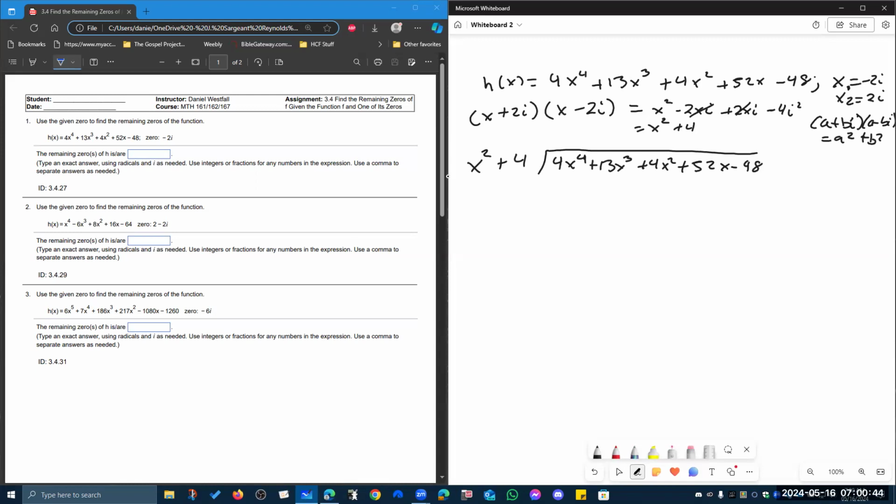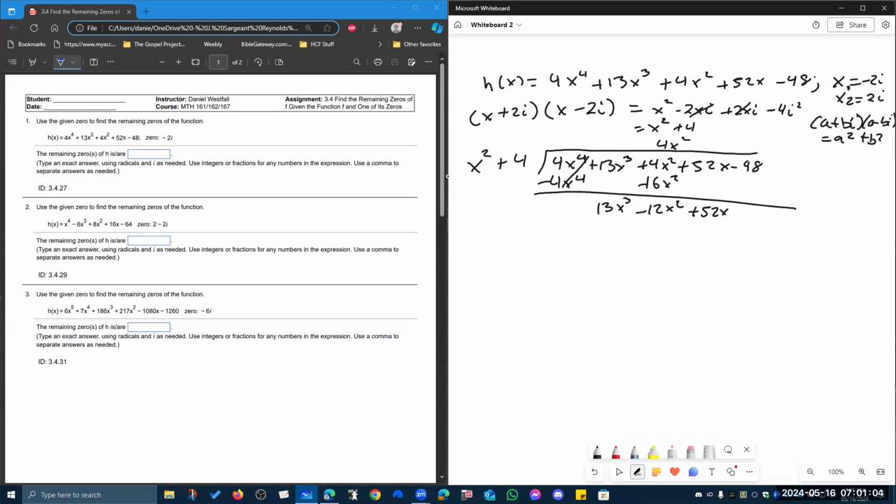X squared goes into 4x to the fourth, 4x squared times. That's 4x to the fourth and 16x squared. We're going to subtract. This is negative 12x squared. Bring down and bring down.